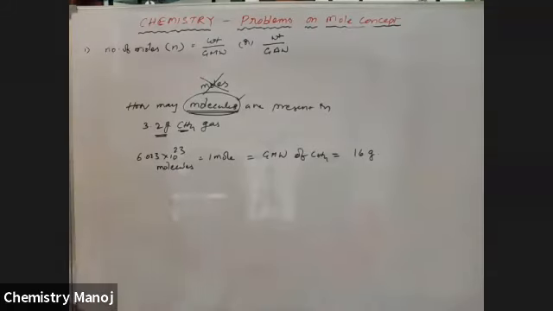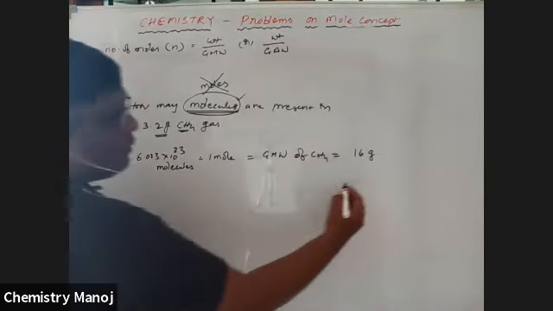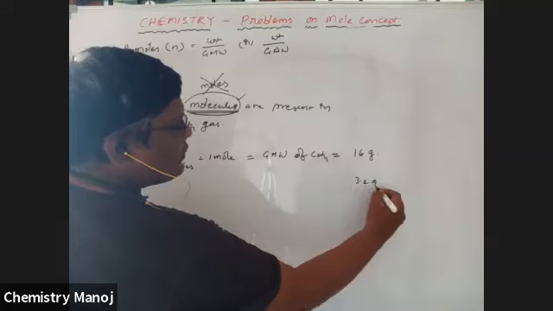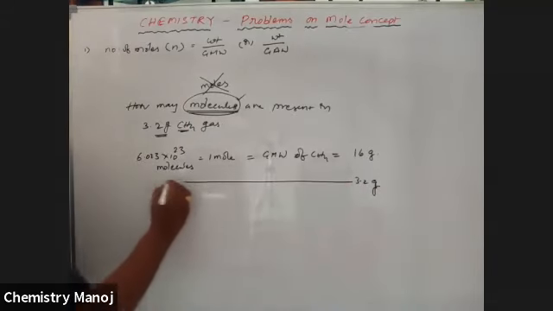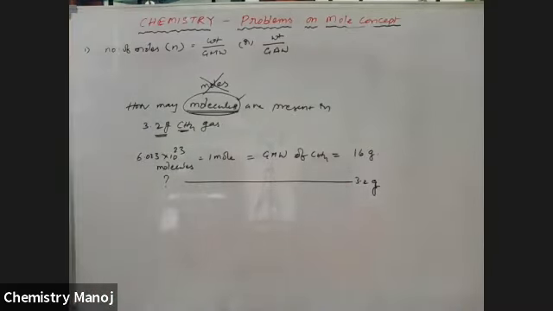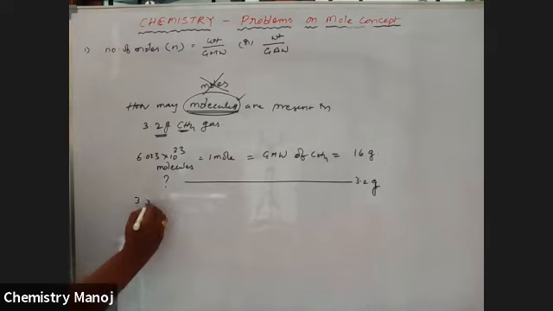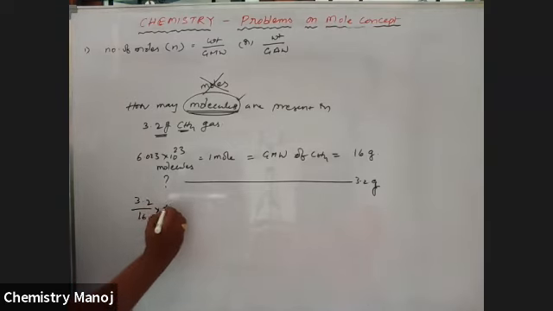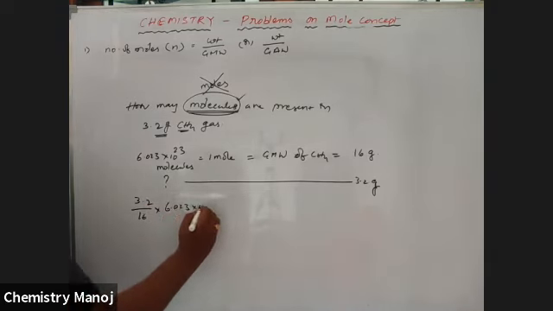Okay. Now 3.2 grams contains how many molecules? Just by cross multiplication, 3.2 by 16 into 6.023 into 10 power 23.